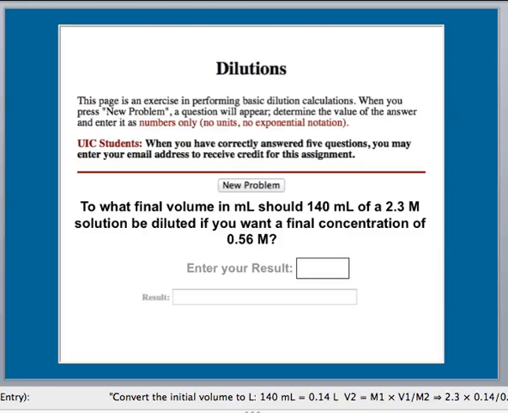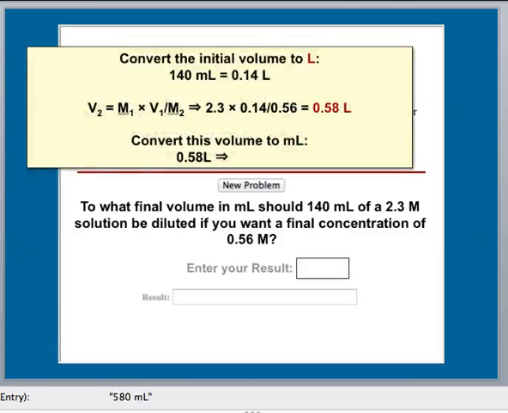Here we have a concentration, here we have a volume, so we know the number of moles. Here we have our final concentration, we just need our final volume. Our final volume is going to be concentration 1, volume 1, divided by concentration number 2, 0.58 liters. And finally, the problem asks for this in milliliters, 580 mils.